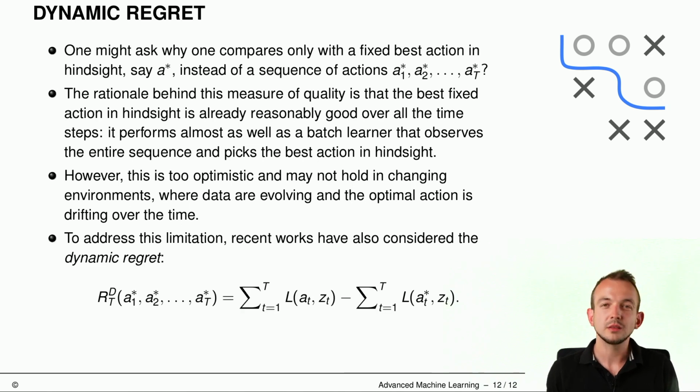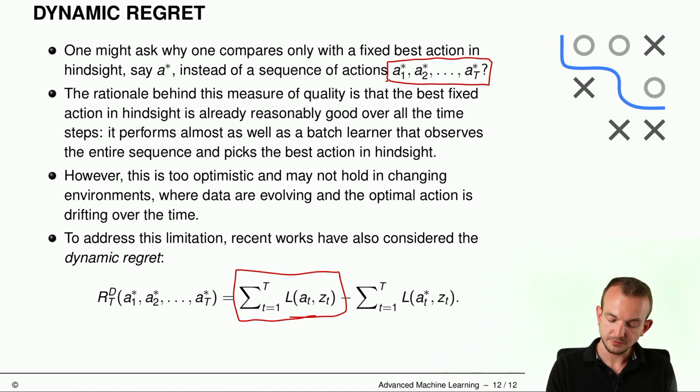And we could, of course, then simply replace this best action in hindsight, A star, with the competing action sequence A1 star, A2 star till A capital T star. And then measure the regret, again comparing cumulative losses between the taken actions of the learner and this sequence we have here.